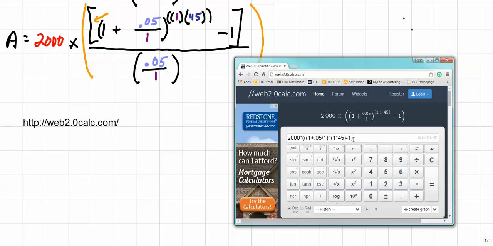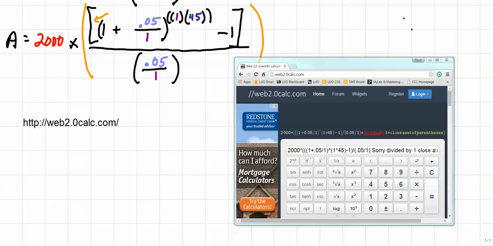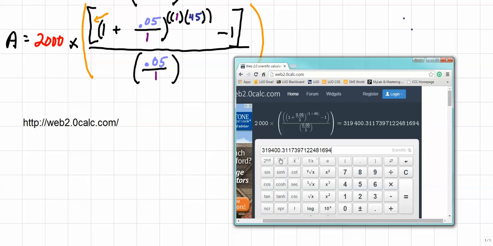I will divide, and I'm going to type in another open set of parentheses, 0.05 divided by 1. Close the set of parentheses. And then we'll press equals now that we have everything typed in, and we're given the following value.